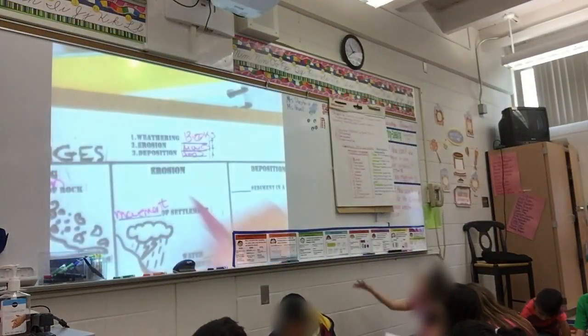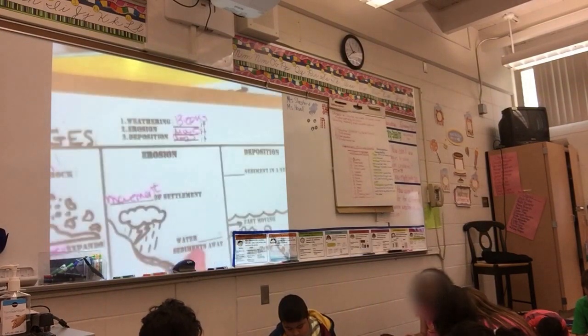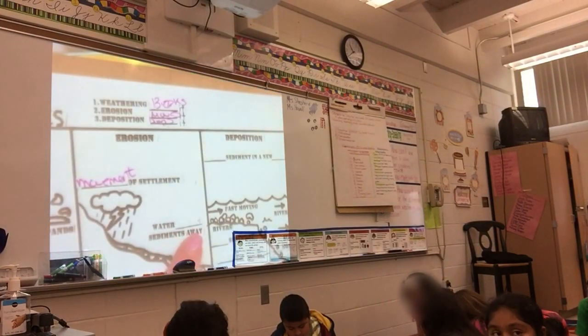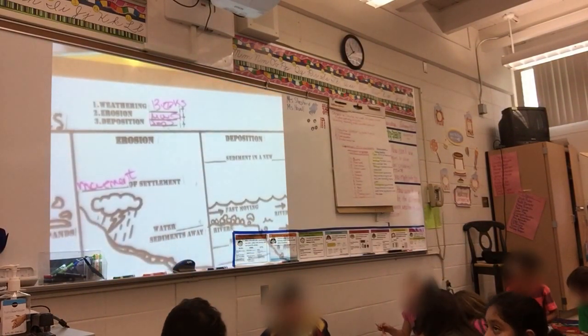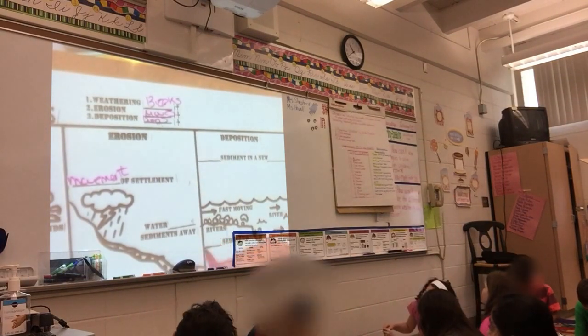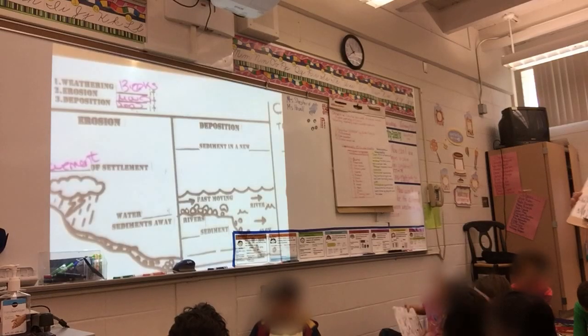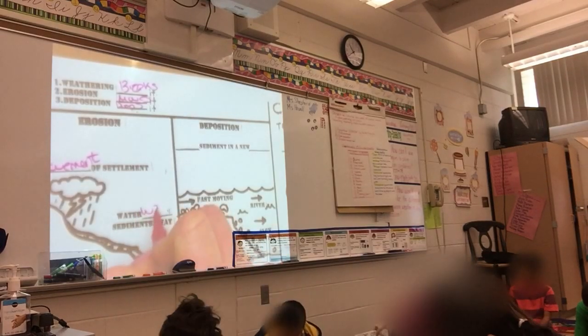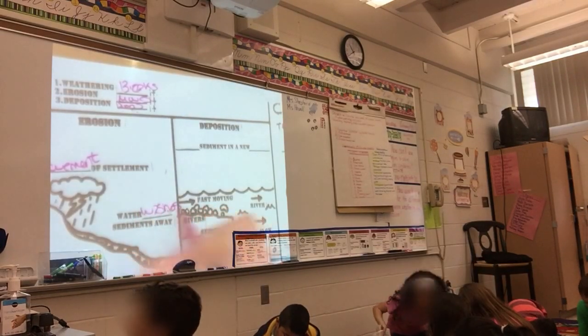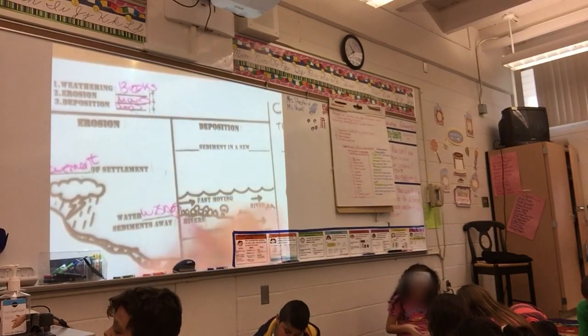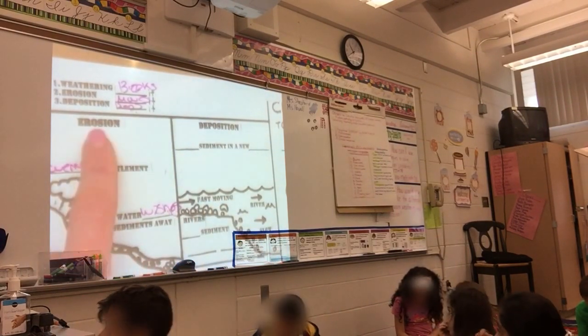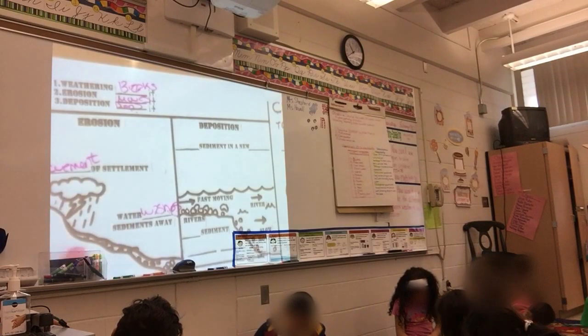Water blanks sediment away. Answer as a class. What is water doing in this picture? Washes. Great job. Water washes sediment away. This is erosion. We're working on erosion. So washes.